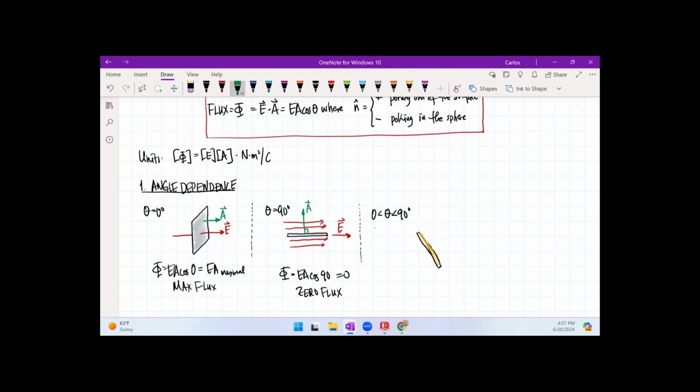So when I'm looking at this case here, and I have flux lines like this, you could see that this flux goes like that.